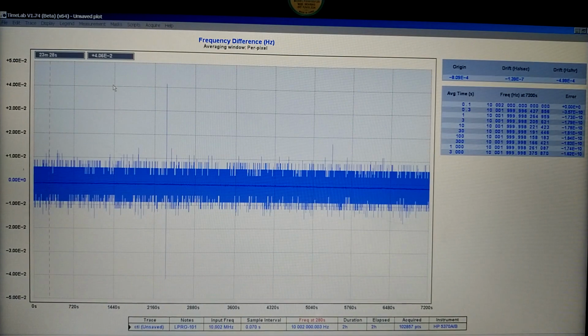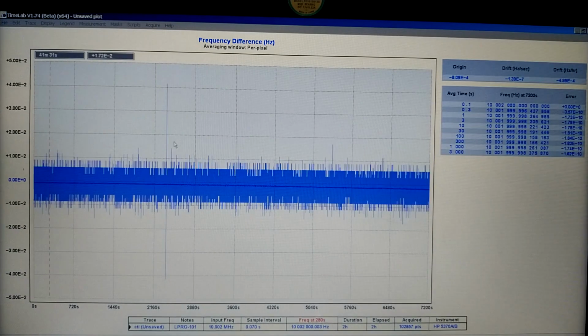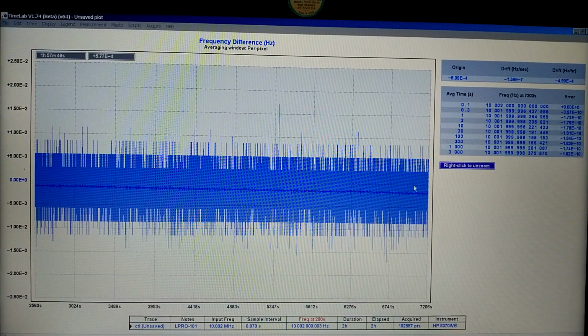And unfortunately, there was a glitch at some point here that makes the scale compressed so we cannot see the frequency. I can select a range of time where there is no glitch, and then I can see clearly how the frequency is dropping.